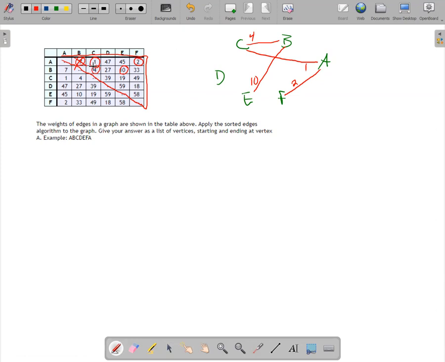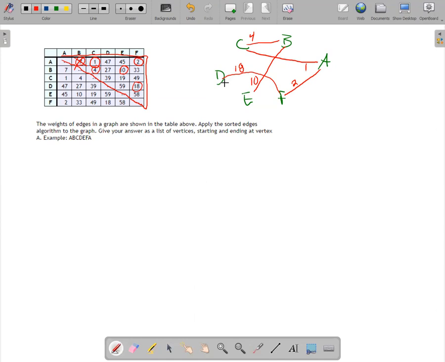Following that, let's see, in the teens, I have an 18 and a 19, it looks like. I'm not seeing anything else. So the 18 is from D to F. And let's go through this way. D to F looks legal. That is an 18. And looking at the graph, I can see I'm almost done.